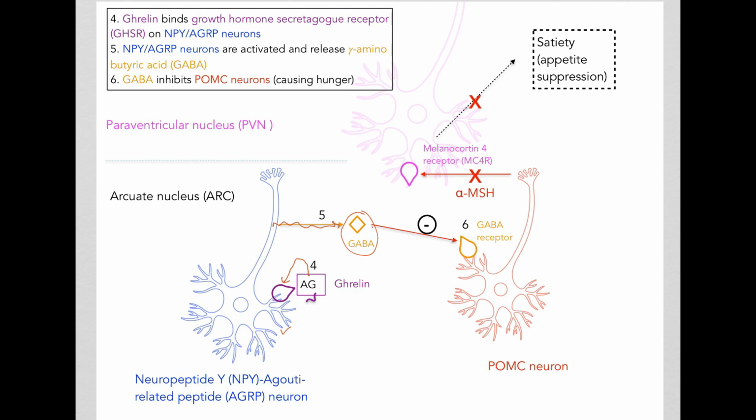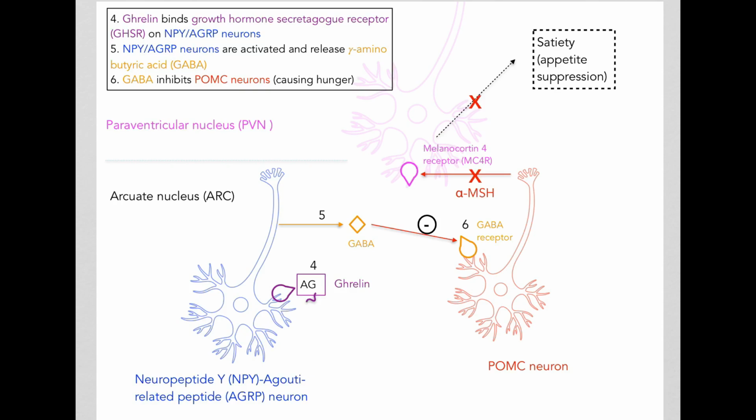Now GABA released by these neurons will then bind GABA receptors on the POMC neurons and inhibit the POMC neurons. And now the POMC neurons will not secrete alpha MSH, and therefore we will not have this feeling of fullness, which means we are going to be hungry. So this is one way by which ghrelin can stimulate hunger.